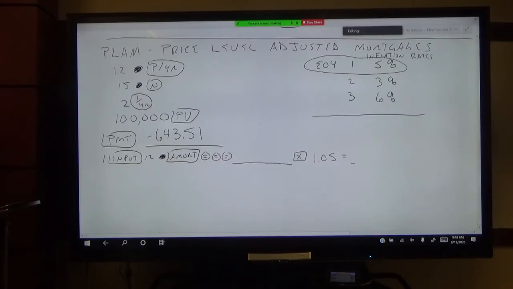That is going to give you the new balance. That 1.05, that 5%, is coming from where? The inflation rate. Okay, we get 94,225.15 times 1.05.